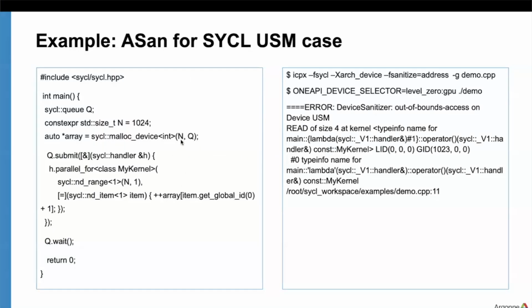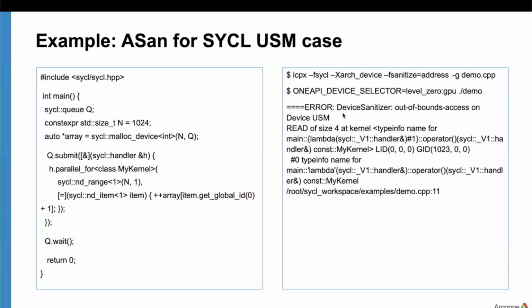And this is a simple SYCL benchmark example. What happened here is we just malloc device with 1024 elements, and then in the pattern, we try to increase the values with the wrong index, plus 1, right? So we just touch outside of the array.